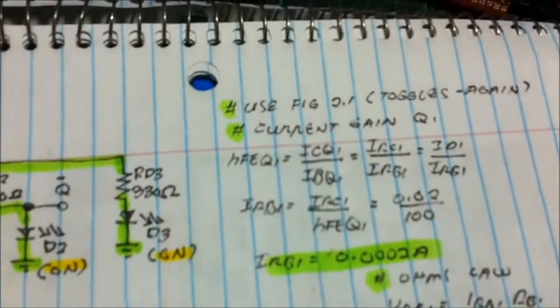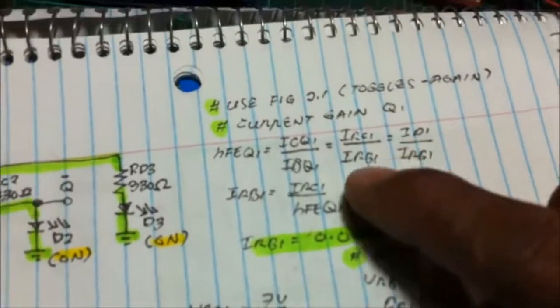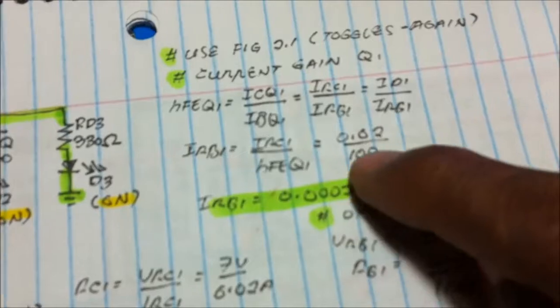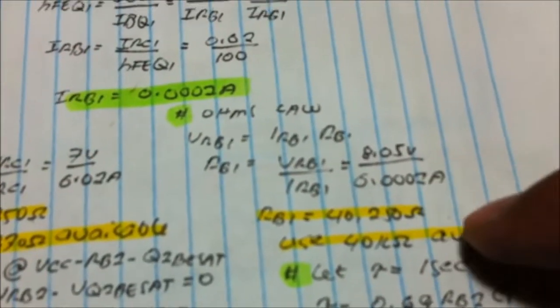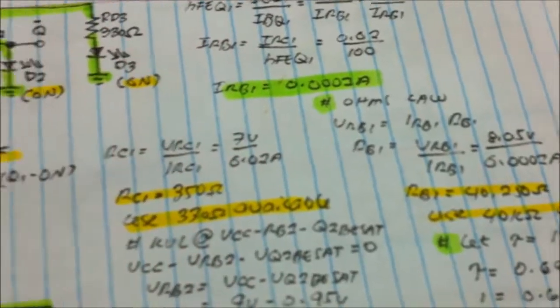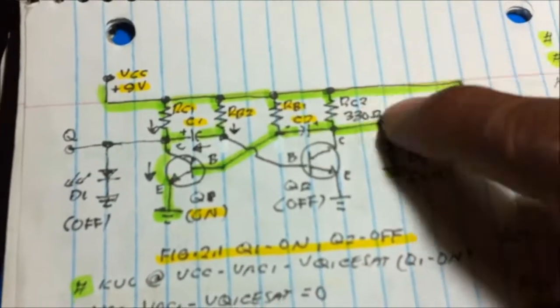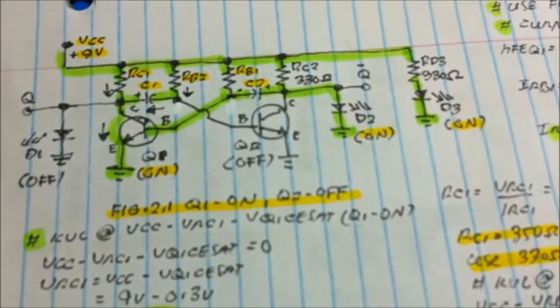Okay, now it toggles again. Once it toggles again, we can compute for Q1 with the same formula, 0.002. Since this is a stable circuit, it is the same 40 kilo ohms. RB1 and RB2 are equal to 40 kilo ohms, and RC1 is equal to RC2, since the circuit is symmetric.